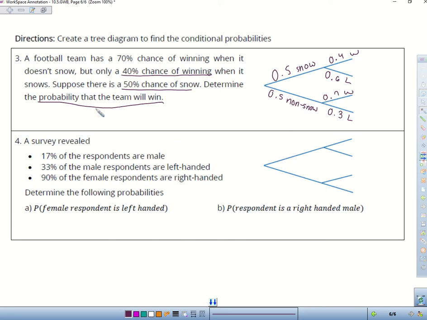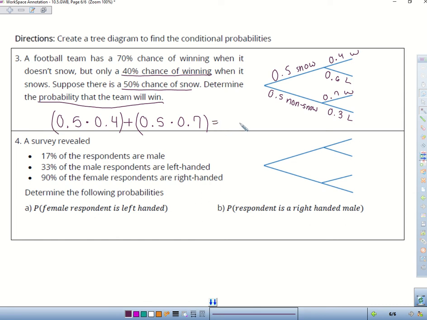So there are 2 scenarios that can happen. It snows, 0.5, times the probability that they win. Or, remember, or is addition, it doesn't snow times the chance that the team wins.